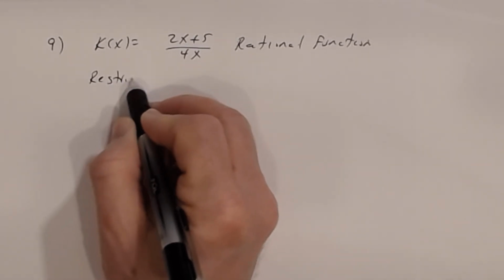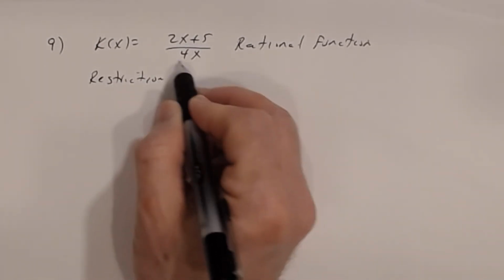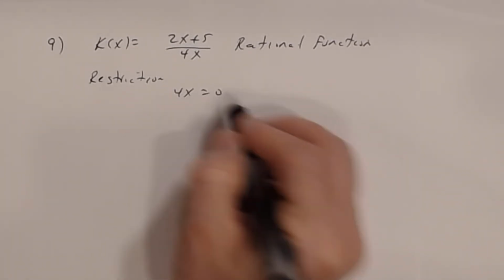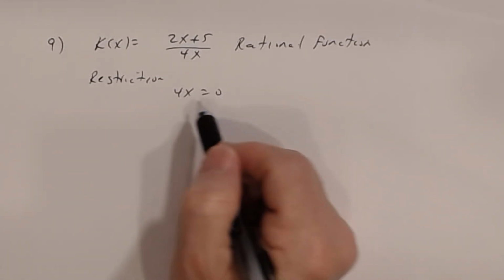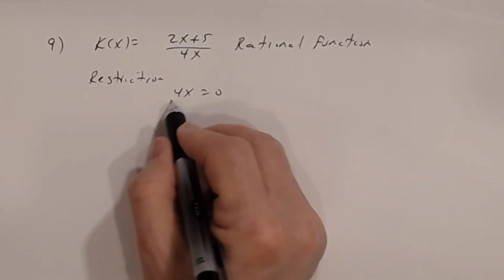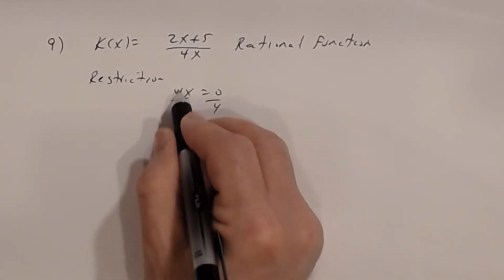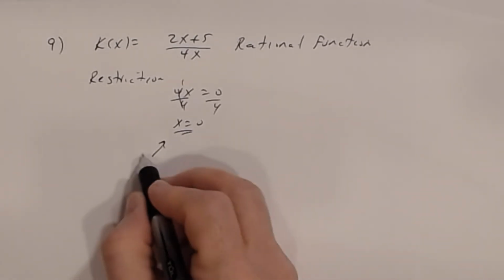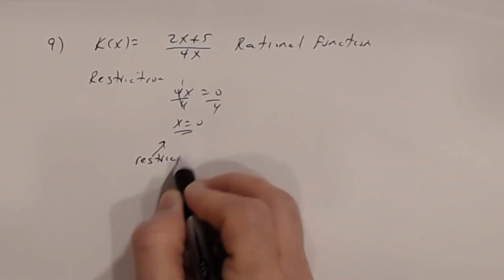In this case, I look at the denominator and I ask myself, where is this denominator equal to 0? Well, this is a linear equation, and so if I divide both sides by 4, I get x equal to 0. So that's my restriction.